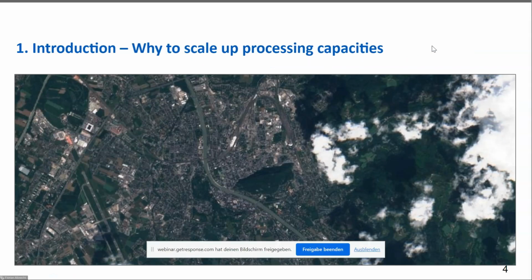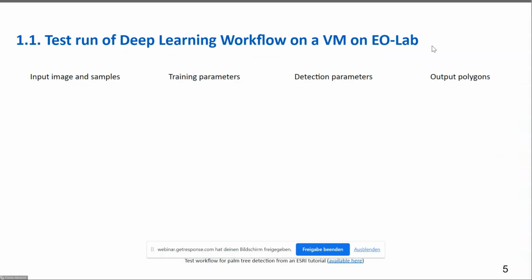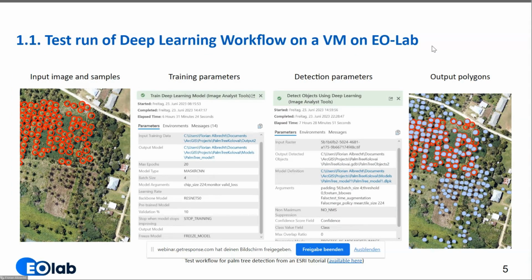So why scale up processing capacities? I will show you one example that came up this summer in our team. We did a test run for deep learning workflows on a virtual machine on EOLab, where we picked a classification workflow from the Esri tutorials, palm tree detection.